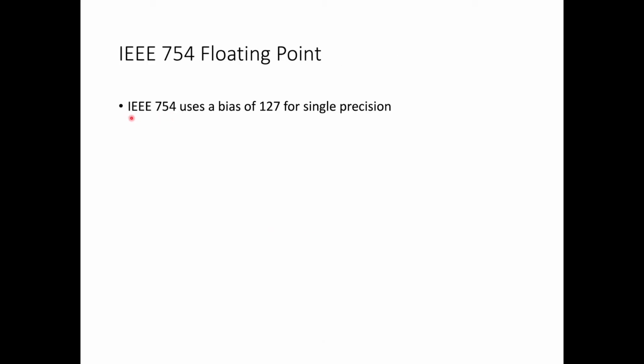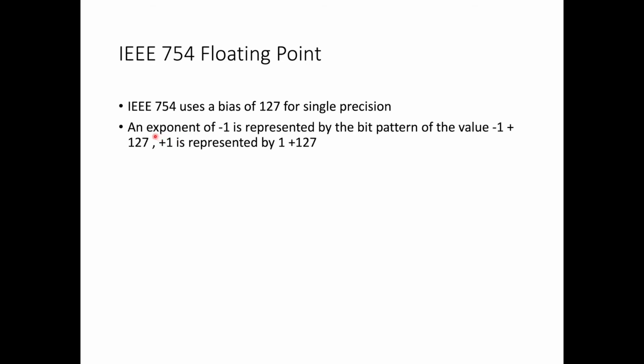And some computers use the IEEE 754 format. This format uses a bias of 127 for single precision. So in this format, an exponent of -1 is represented by the bit pattern of the value -1 plus 127, but +1 is represented by 1 plus 127. So this 127 here is a bias.